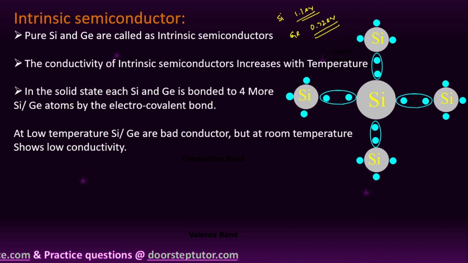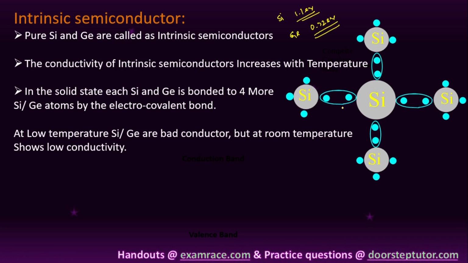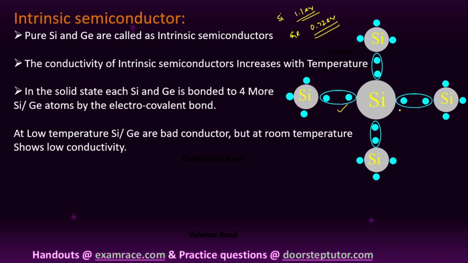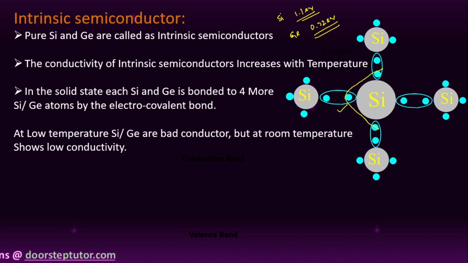Each silicon atom, you can take a germanium atom also, is attached to 4 silicon atoms, which forms covalent bonds, and it also shows the octet rule. So this is the covalent bond, this is the covalent bond. Each silicon atom has 4 valency electrons.